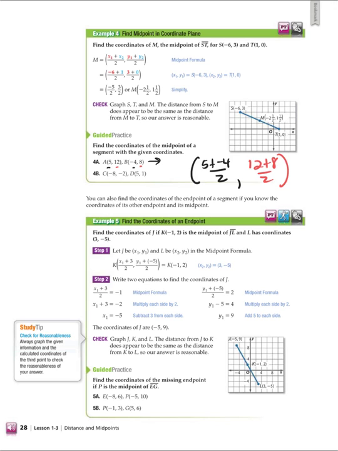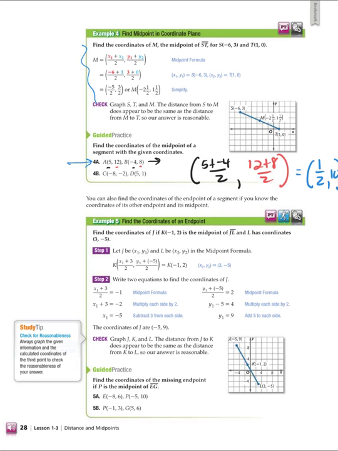Then as I work this out, 5 plus -4 is 1, so 1/2, and then I've got 20 over 2. So (1/2, 10) would be the midpoint on the Cartesian plane of those two points. You're given another example here that you can study if you need that. But again, this is review for you.